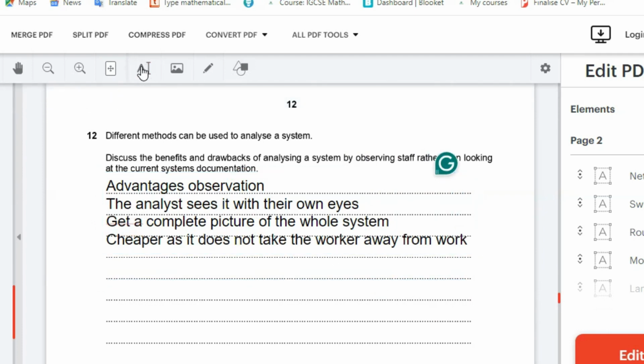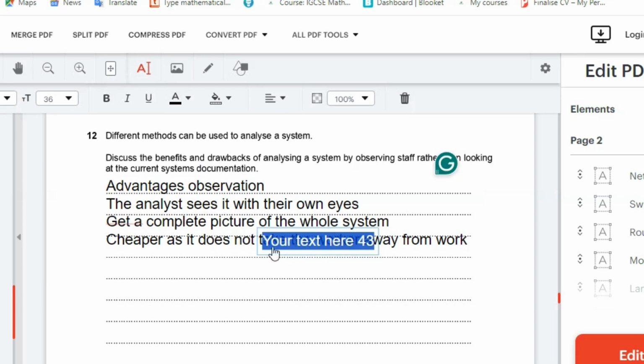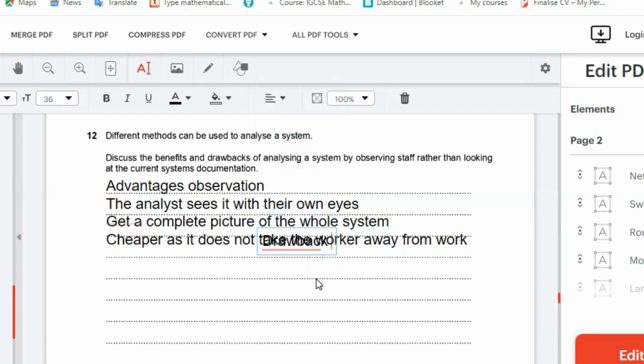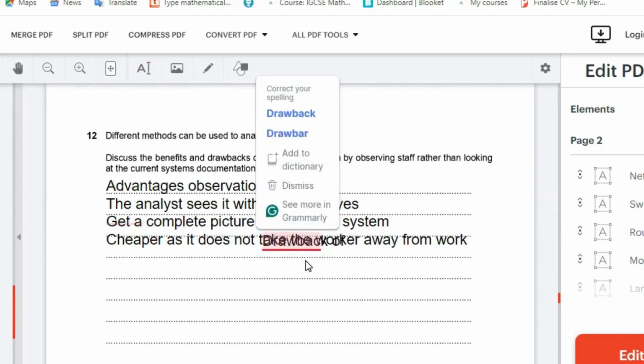Because that's the tool that we are told to analyze the advantages and disadvantages, or let's call this drawbacks, of documentation. That is, instead of observing, we want to document now.